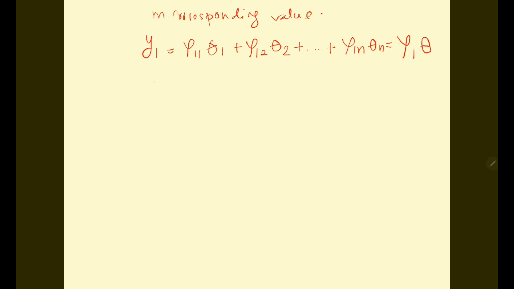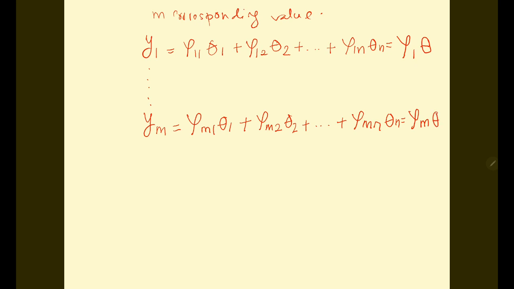Okay, so until ym is equal to phi m1 theta 1 plus phi m2 theta 2 plus ... phi mn theta n, and in short we can write it as phi m theta.